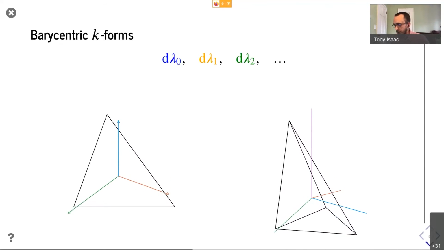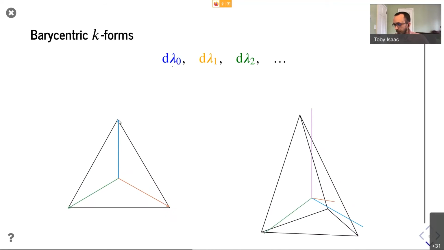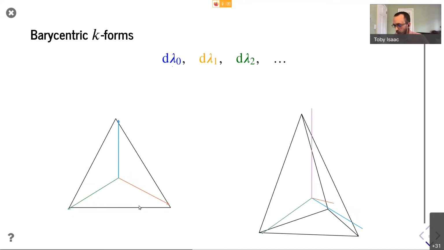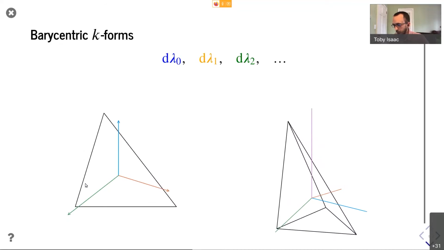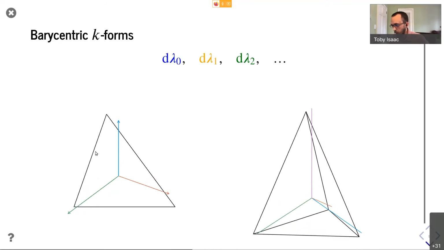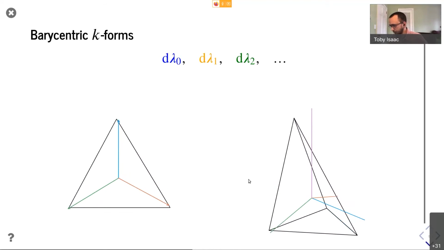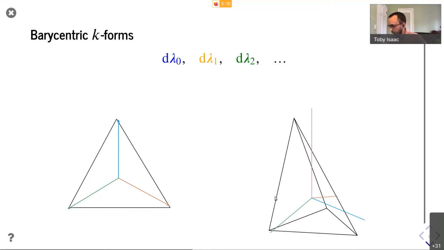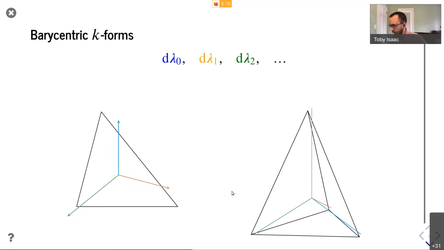So for instance, d lambda 0, which was always going to be 1 at vertex 0 and 0 at the others, is always going to be orthogonal to the opposite face. And so these are covariant one forms here. And the same operation is happening here with this tetrahedron that's going between equilateral and right tetrahedron form.